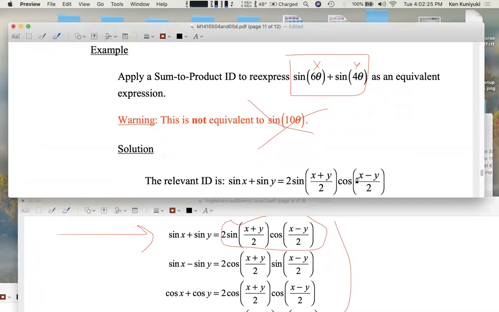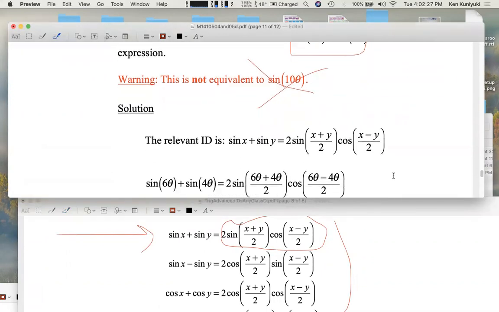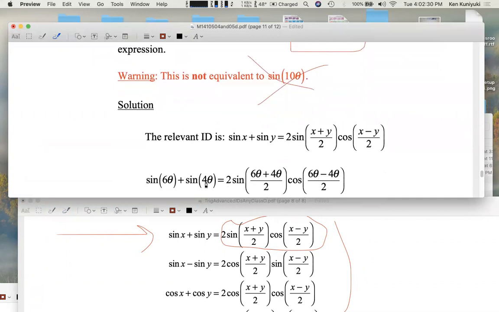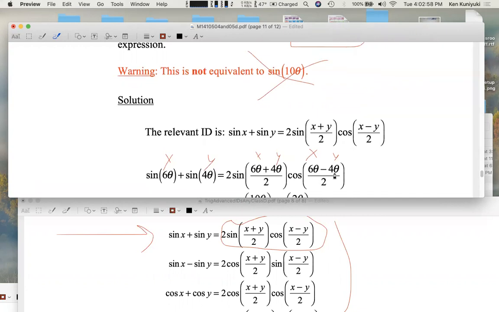All right. So using this first identity, right? Sine of 6 theta plus sine of 4 theta, sine of x plus sine of y equals 2 sine of, x is 6 theta, y is 4 theta. I'm putting these as reminders. That sum is over 2 times cosine of 6 theta minus 4 theta. That's x minus y, 6 theta minus 4 theta, all over 2. Okay, work out these arguments. You have to work these out to simplify. 6 theta plus 4 theta is 10 theta. 6 theta minus 4 theta is 2 theta.